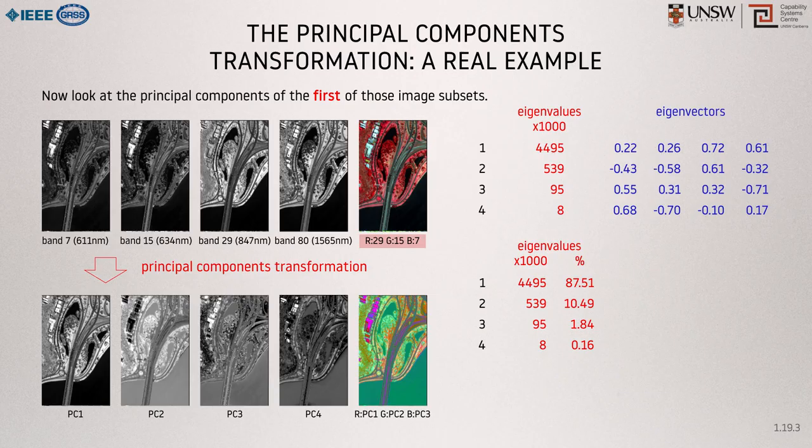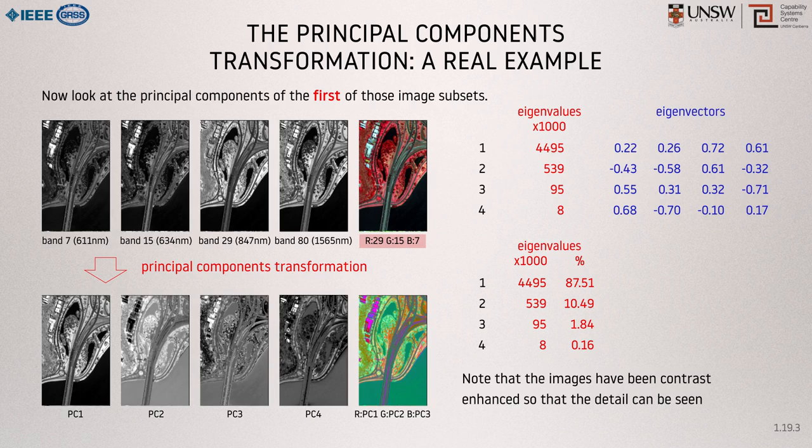For all of these examples, the images have been contrast enhanced separately, otherwise the later principal components might all appear black. Note that even though the eigenvalues show rapidly decreasing variances, the components PC2, PC3 and PC4 still show a lot of detail, such that when the second and third principal components are used with the first to create a color product, a fairly colorful result occurs.